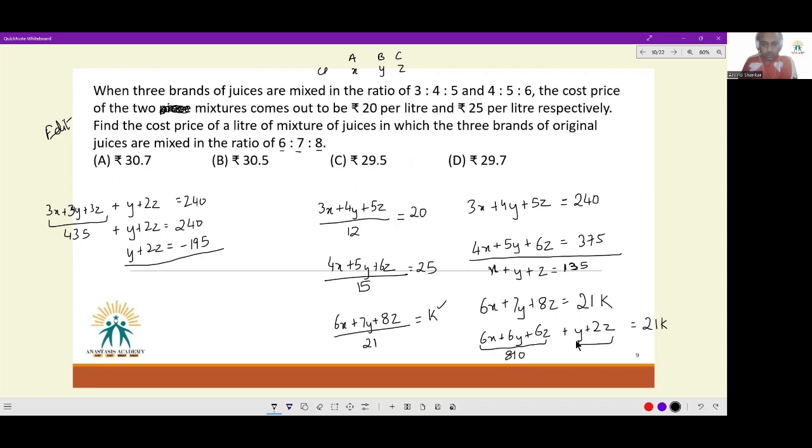And y plus 2z is minus 195. So I get 21k is equal to 615, or k will be equal to 615 by 21. I can cancel out 3's. So this will come to 7, and this will come to 0.5.